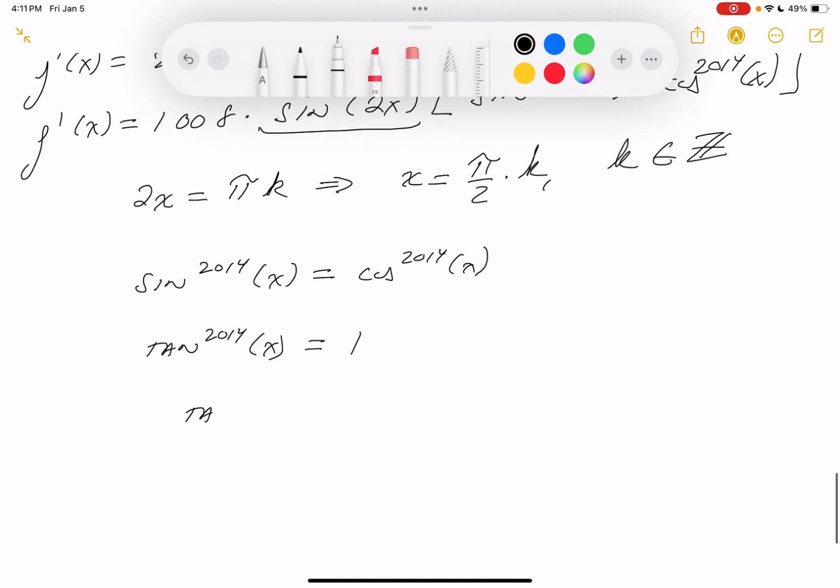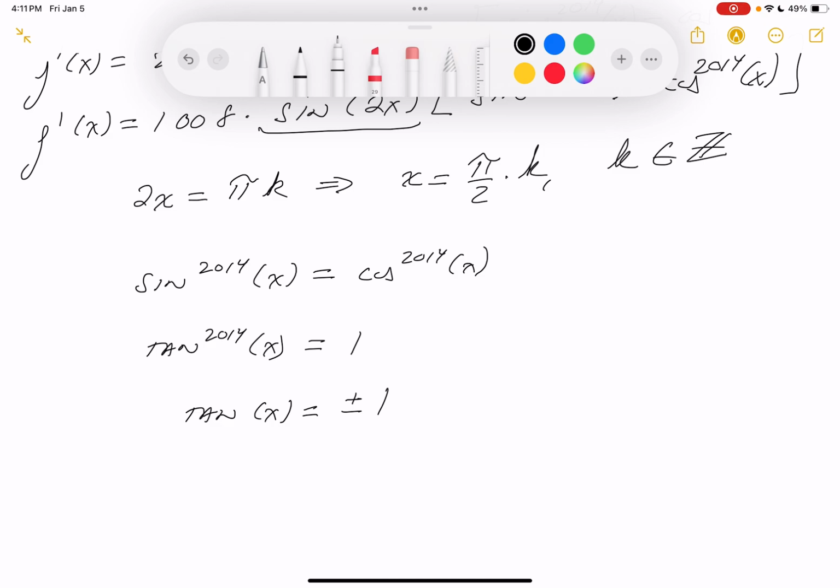So I'm going to say the tangent of x, principal root over here, that's going to be plus or minus 1. All right?